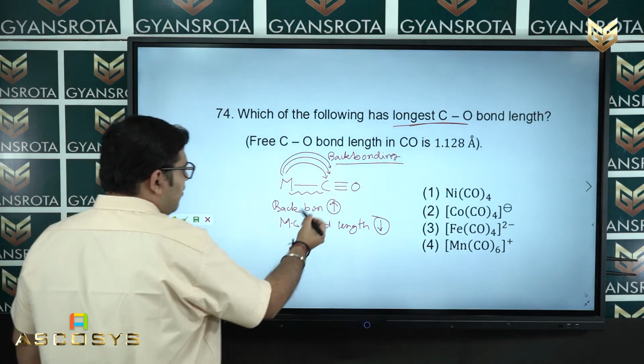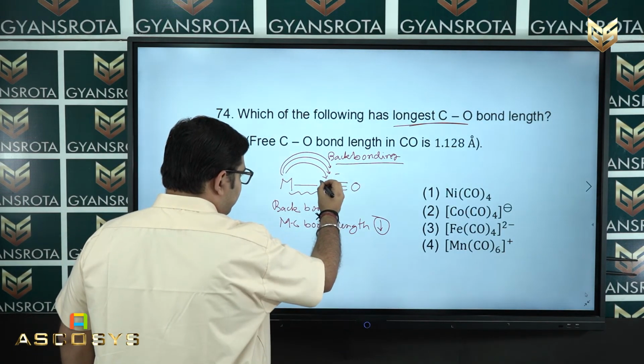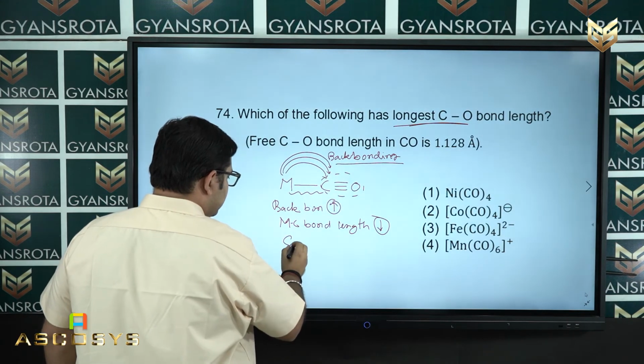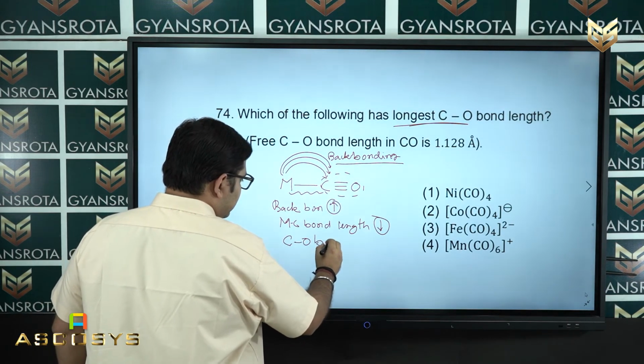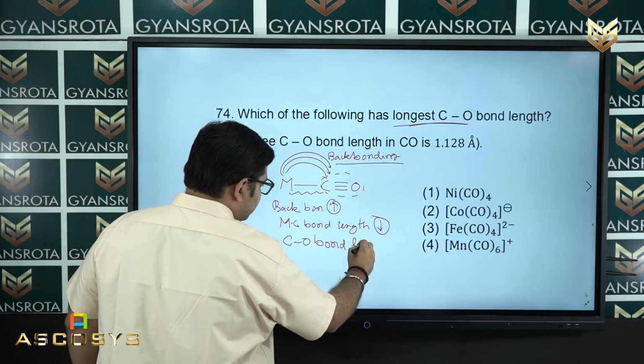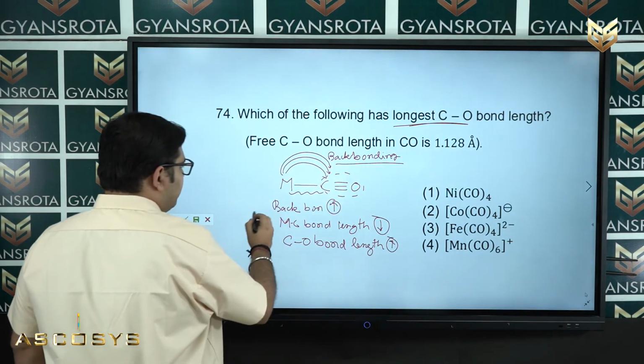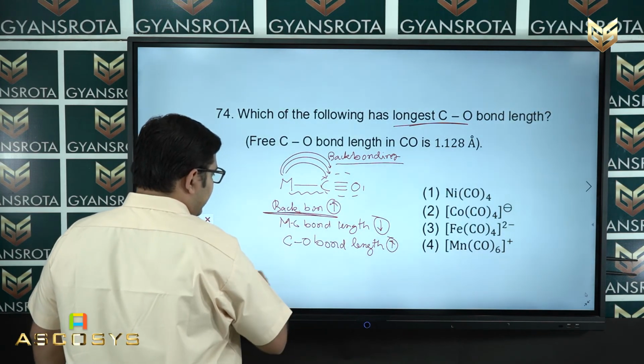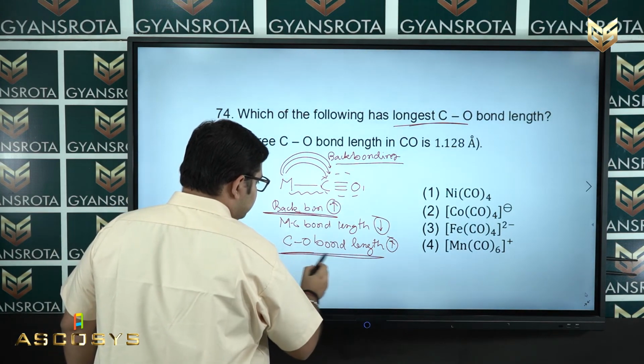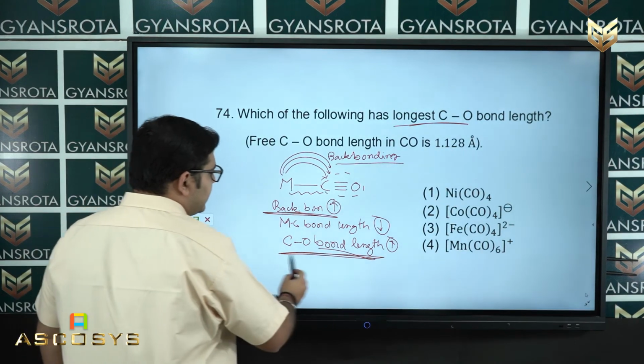If MC bond length decreases, then what happens to the CO bond length? CO bond length increases. So where the back bonding is maximum, that compound has the maximum CO bond length or the longest CO bond length.